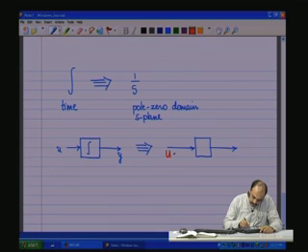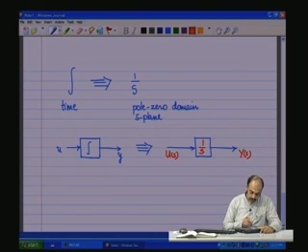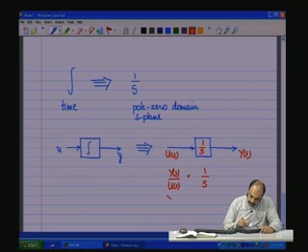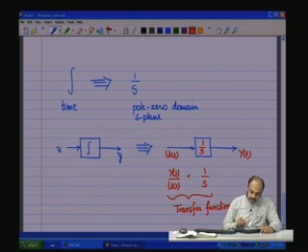Now the input is a function of s, U(s), the output is a function of s, Y(s), and the integrator can be represented as 1 by s, or Y by U, the output by the input, is 1 by s. In fact, this we call the transfer function of the integrator.